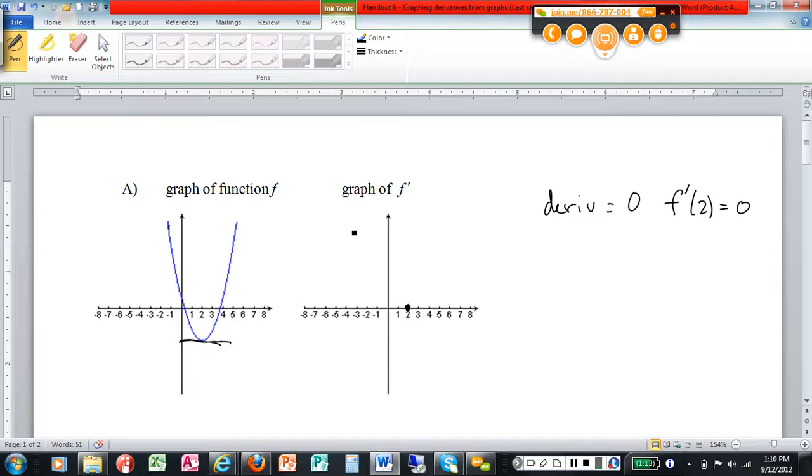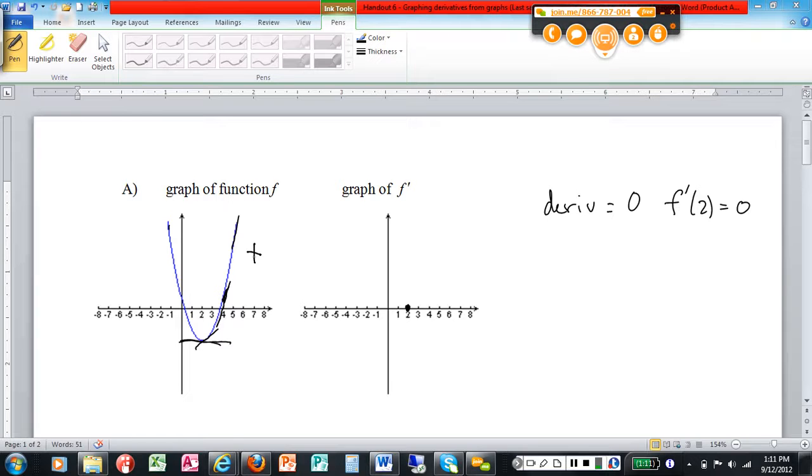All right. Now, what happens on the right side of 2 then? You tell me. What kind of derivatives do I have over here? Sign-wise, S-I-G-N-wise. Draw a couple in. Aren't those positive slopes on the right of 2? Positive slopes on the right.